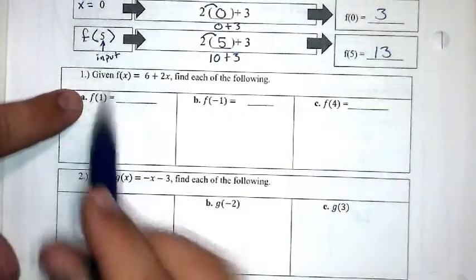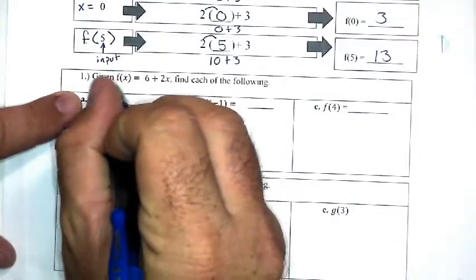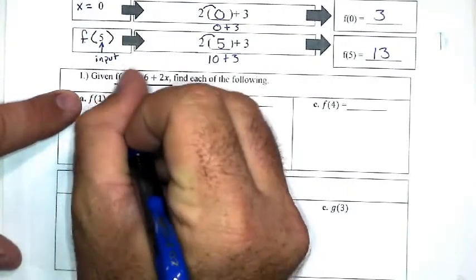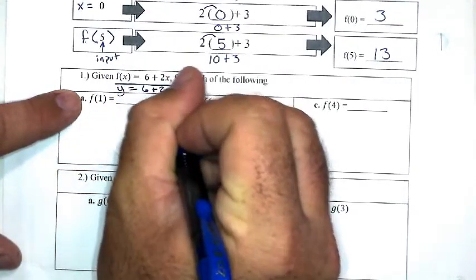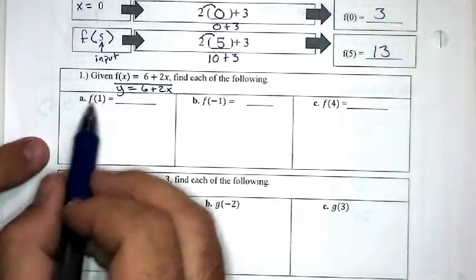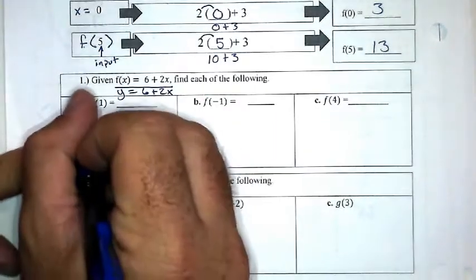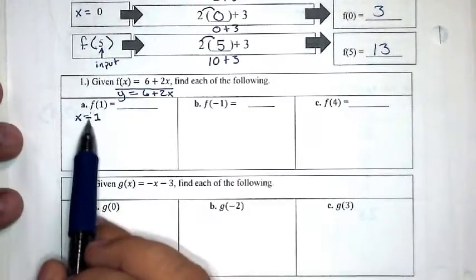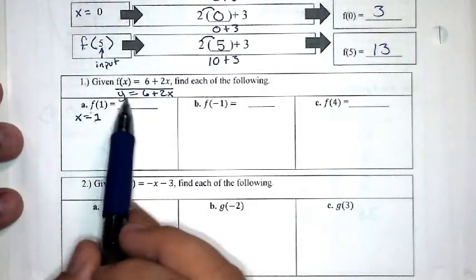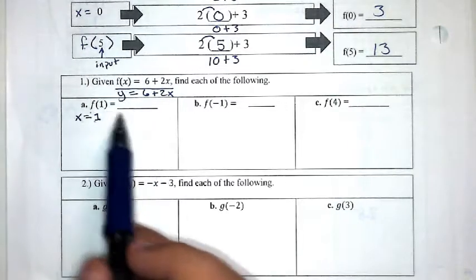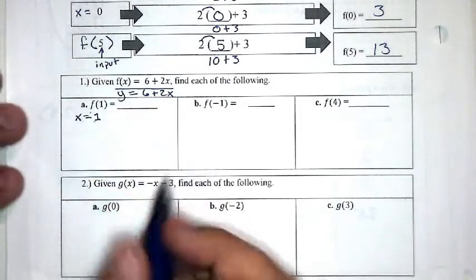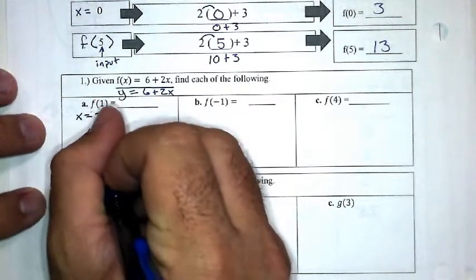So again, here we go. This is saying the same thing as y equals 6 plus 2x. This right here is saying x equals 1. If x equals 1, what does y equal? This is all it's asking. If x is 1, what does y equal? Easy peasy lemon squeezy. Substitute and simplify.